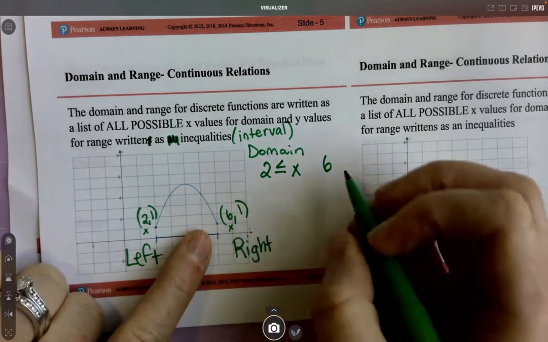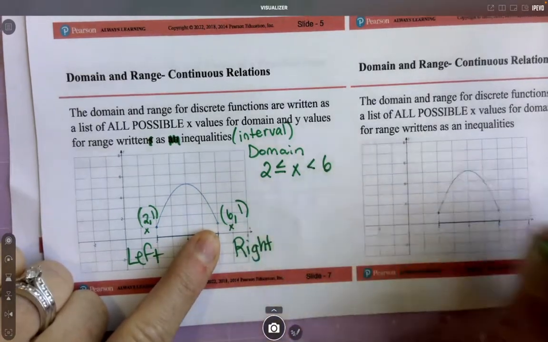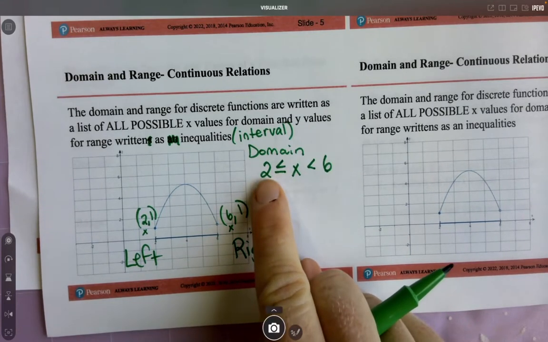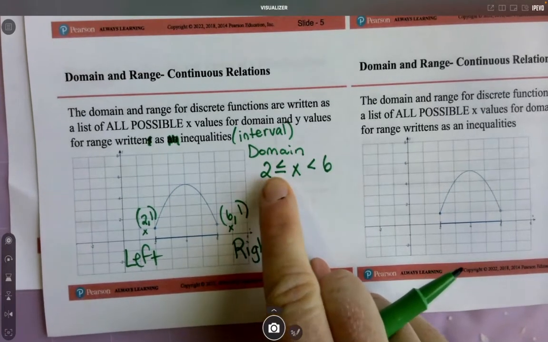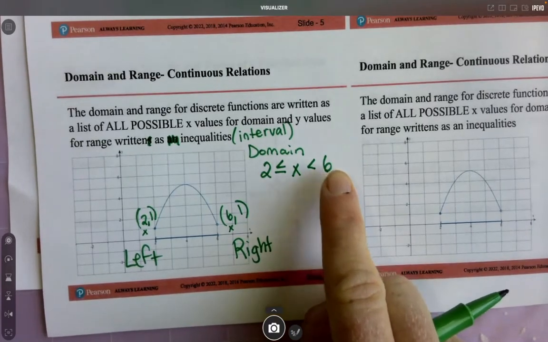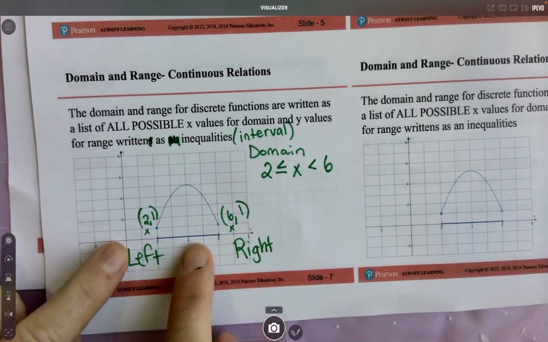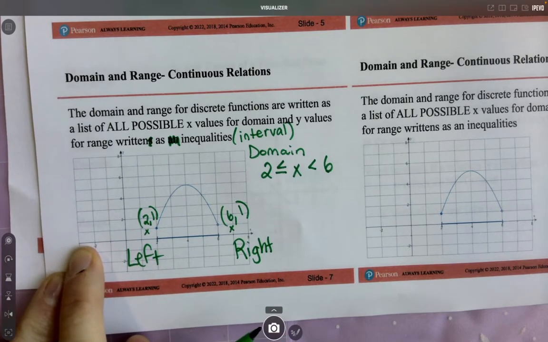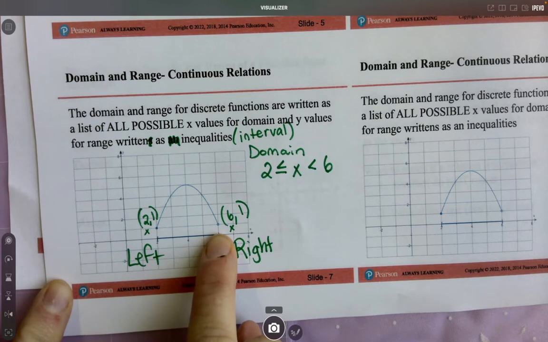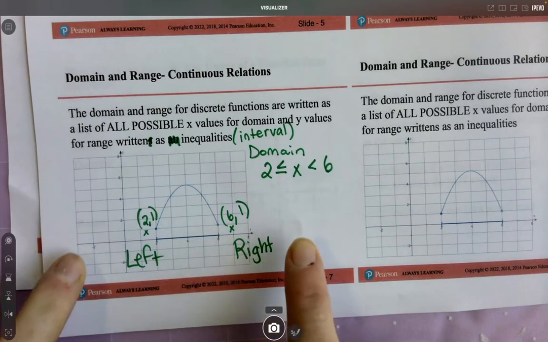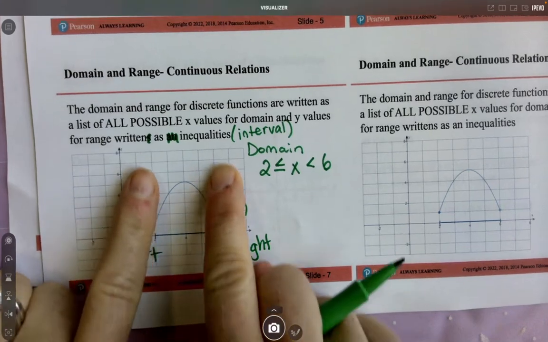And this one is 6, and it's an open circle, so it's just less than. What this means is x can go as low as 2, including 2, and up to 6, but not including 6. So these are all the possible x values. There's no x value at 0, at -1, at -2, at -3. There's no x value at 7, 8, and so on. All the x values are between here.